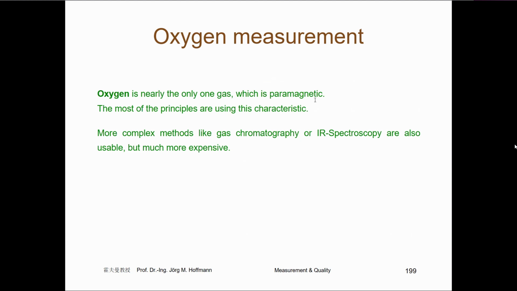You can separate the oxygen from the air with a permanent magnet. And therefore, the principles use nearly all this characteristic. Of course, you can also measure oxygen via infrared spectroscopy.